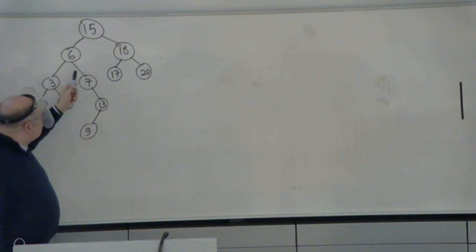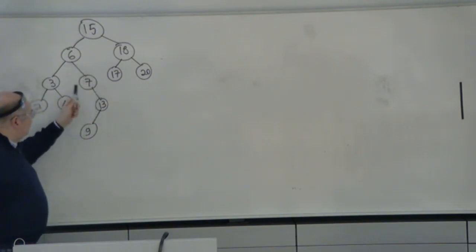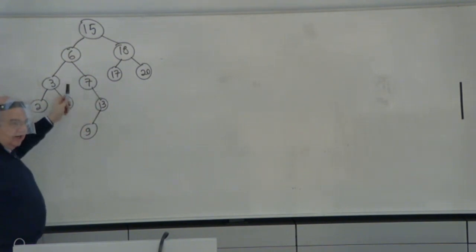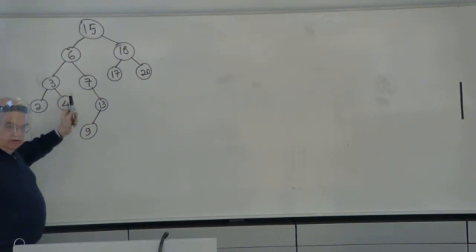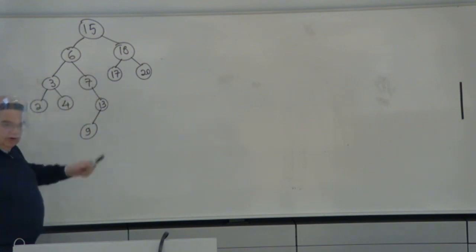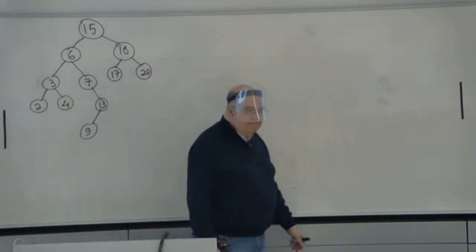Every node which is greater than 6 is to the right of 6, and the descendants that are less than are on the left. Is this what you were asking? So the property is true for every node, not just for the root.